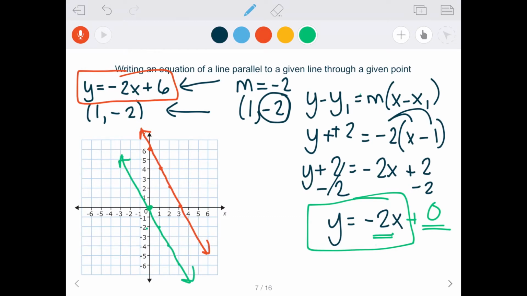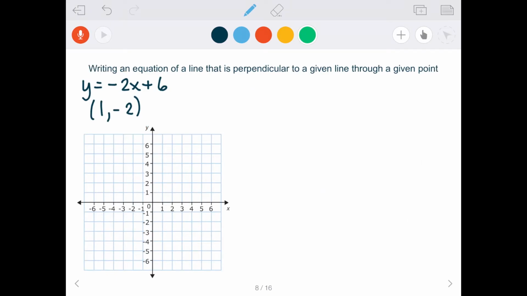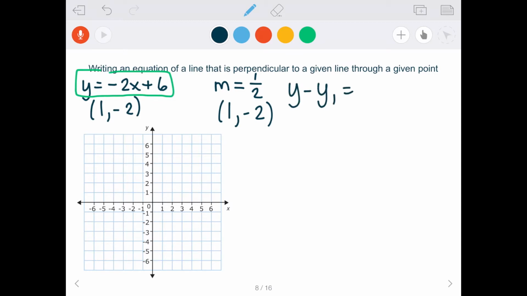Now for perpendicular lines, we're going to do the exact same thing, but we have to think for a second about the slope. If the slope of the current line is -2, that means the slope of my perpendicular line has to be positive 1/2. And then I'm going to use the same point that I used before. So y minus y1, slope times x minus x1. Remember, if you subtract a -2, you get positive.